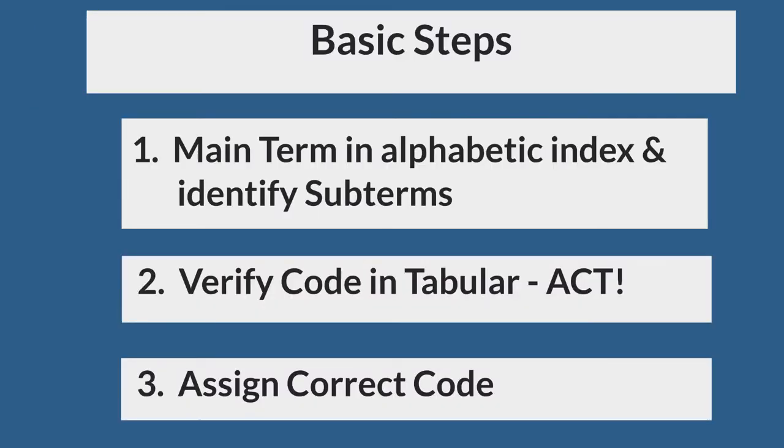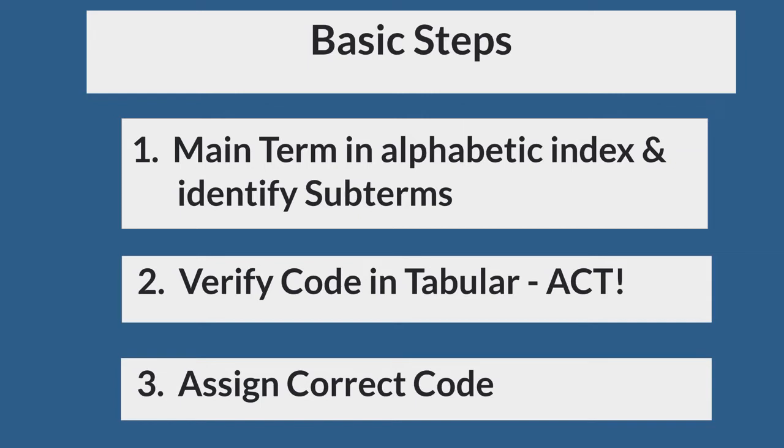In the previous video, How to Navigate the ICD-10-CM Coding Manual, you learned the basic steps to finding a CM diagnosis code. Number one, identify the main term in the alphabetic index and also identify any subterms that are listed in the medical documentation. Number two, verify the code in the tabular list.